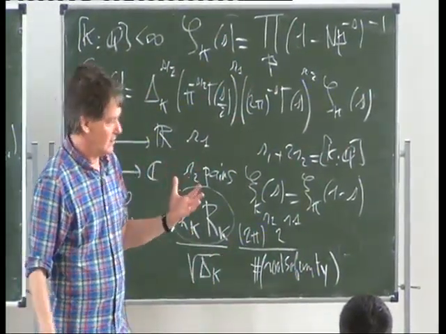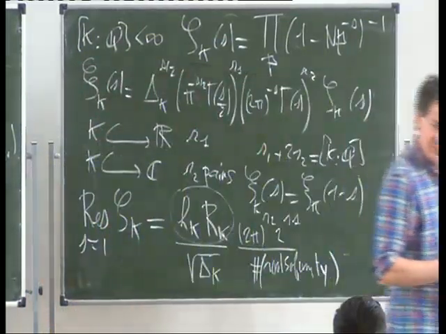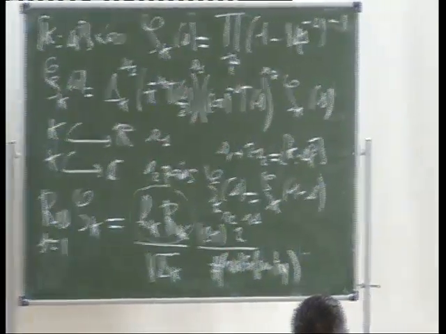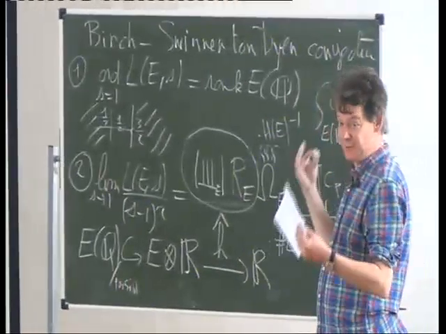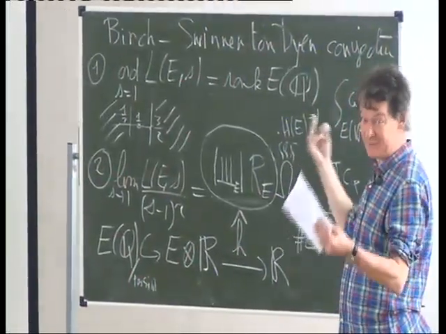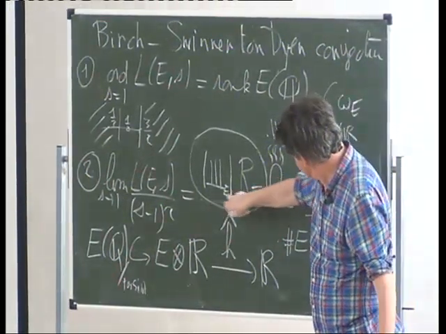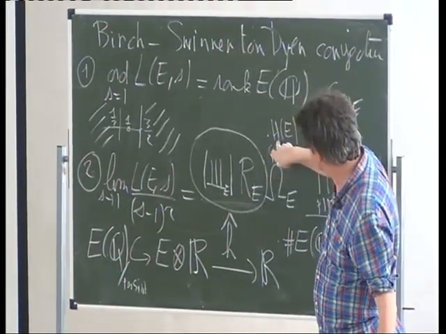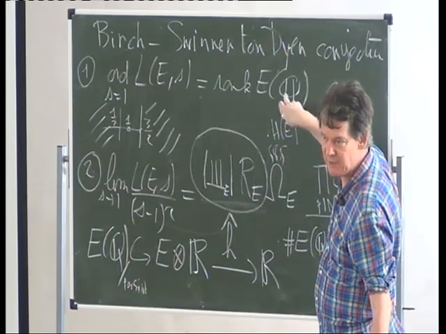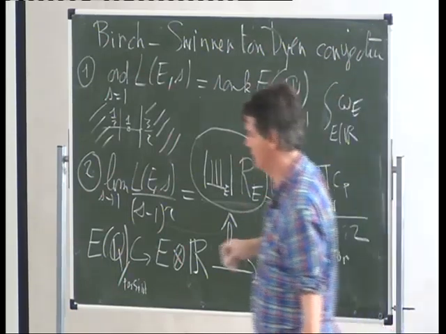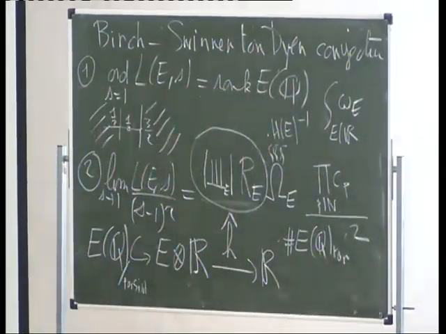So, for example, it is possible to prove, if you accept, unfortunately, the entire Birch and Swinnerton-Dyer conjecture plus the Riemann hypothesis, then you can show that this product is bounded by the height to the power 1 plus epsilon. So maybe I should write this formula.